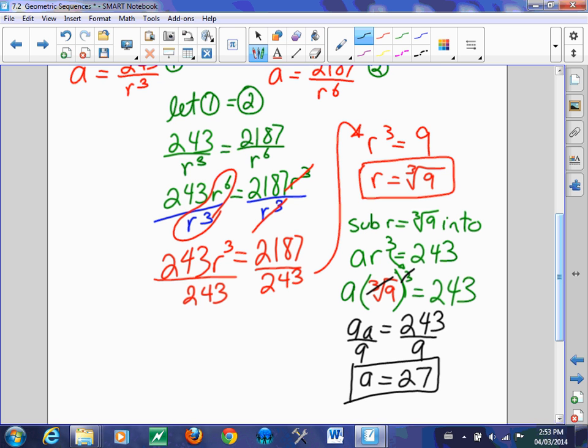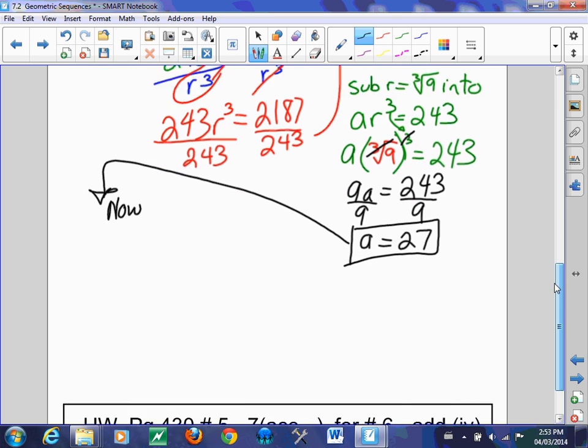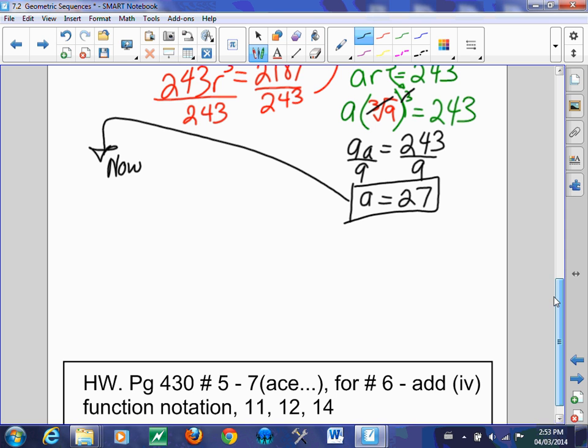Now that we've got a, we know r, we can sub values in to find the 15th term. So now, so I can save some room here, now we can sub in. Yeah, I thought I was running out of room here. So t at 15 equals a, which is 27, times r to the n minus 1. Okay, sub that in.